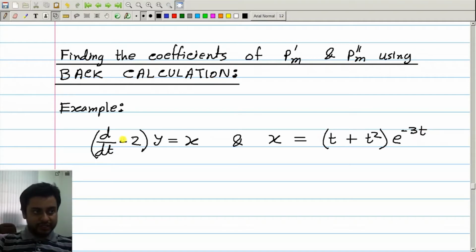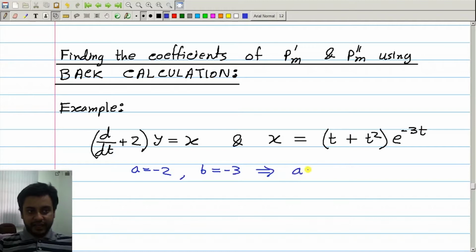Here also let me take it plus, so e to the power minus 3t. That means we have a is equal to minus 2 here, and b is equal to minus 3, which means a and b are not equal.